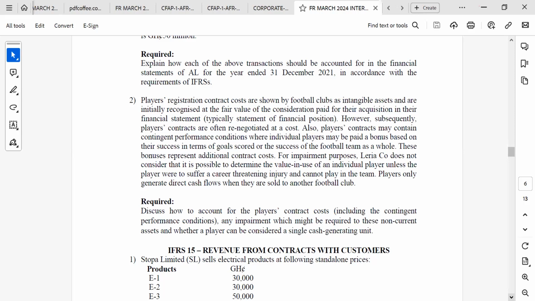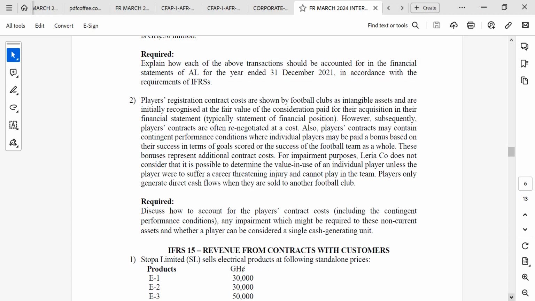However, subsequent players' contracts are often renegotiated at a cost. Also, players' contracts may contain contingent performance conditions where individual players may be paid a bonus based on their success in terms of goals scored or the success of the football team as a whole. These bonuses represent additional contract costs.